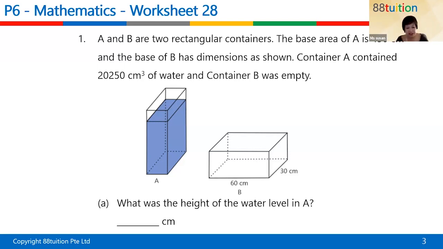Okay, so A and B are two rectangular containers. The base area is 450, and the other base area dimension is shown below. Container A contains so much water, B is empty. Let's take a look at base area 450. So this is 450 for here.